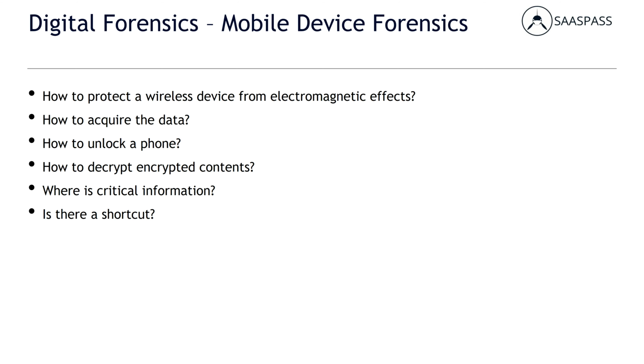First things first, so let's start with protecting the device from electromagnetic effects. Some of you may remember from high school electricity classes or physics classes that the electromagnetic field inside a conductive space, or let's say a sphere, is always zero.